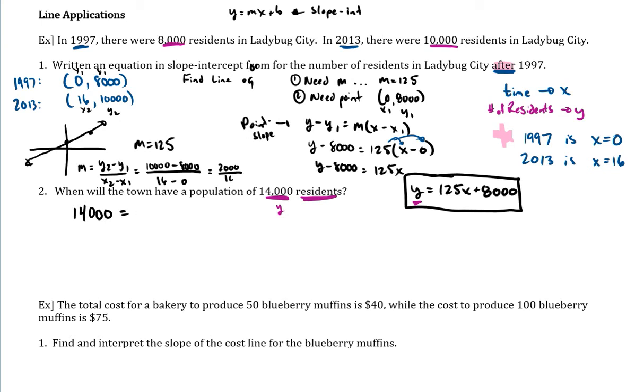We have 14,000 equals 125x plus 8,000. And so we need to solve for x. So we'll minus the 8,000 over. And that will give us 6,000.